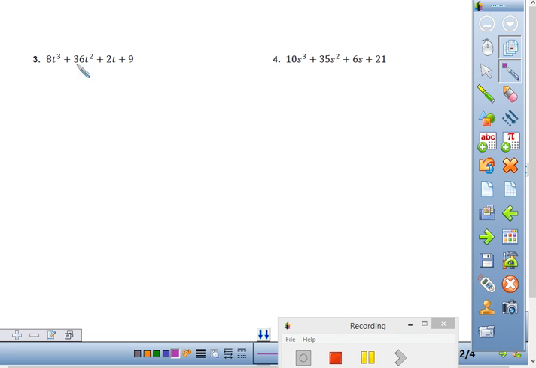Number 3, I see 4 terms. Our directions are to factor, so I'm going to factor the first two. Greatest common factor of 8t cubed and 36t squared is 4. And then how many t's can I take off? 2 of them.